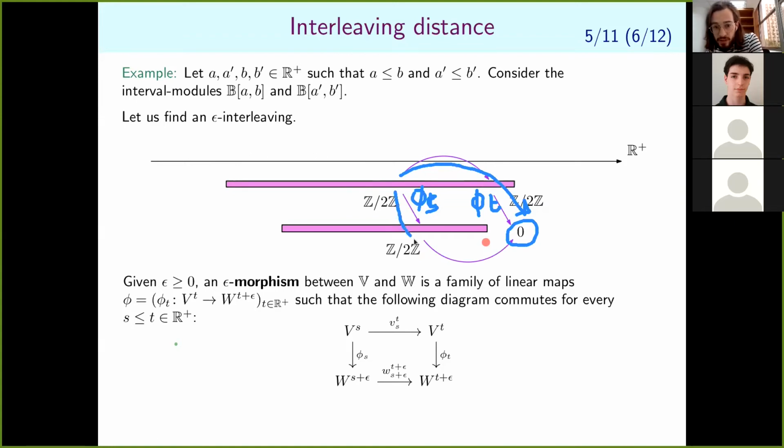And here, this must be 0 too. So this diagram does not give me anything interesting. In this case, phi s and phi t may be different. Phi t has to be 0, sorry, because its image is 0.